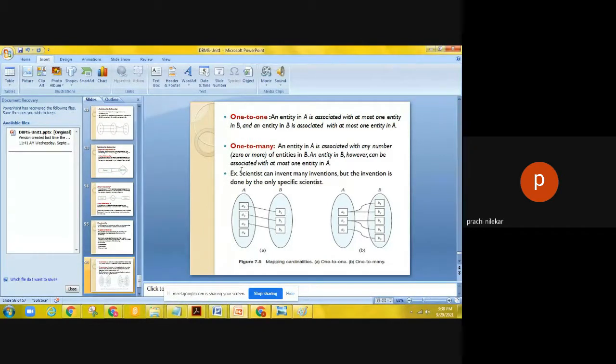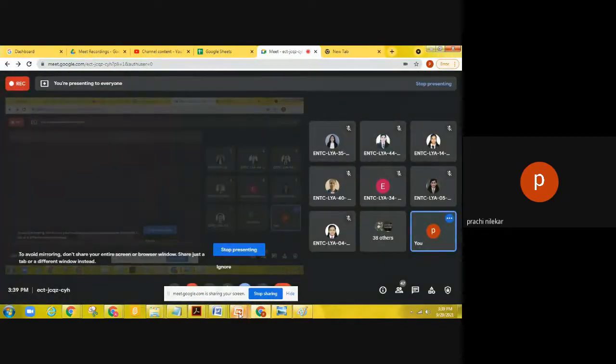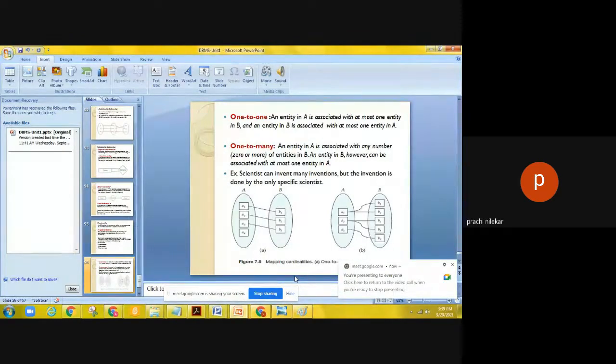In one to many, an entity in A is associated with any number, from 0 to more, of entities in B. Concentrate on the diagram: in one to many cardinality, entity A is associated with 0 to n entities in B, and an entity in B however can be associated with at most one entity in A. This type of relation is called a one to many relation or one to many cardinality.